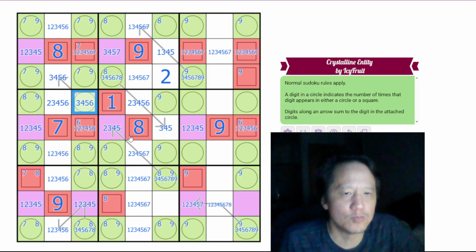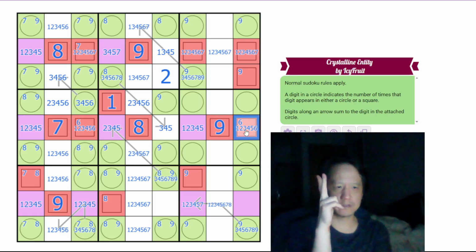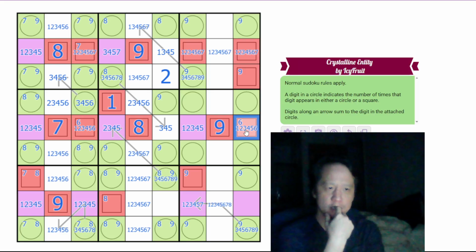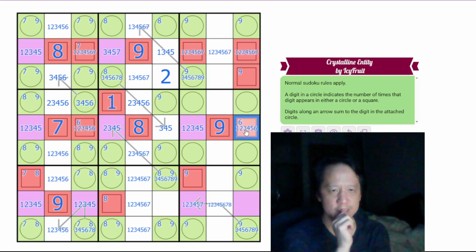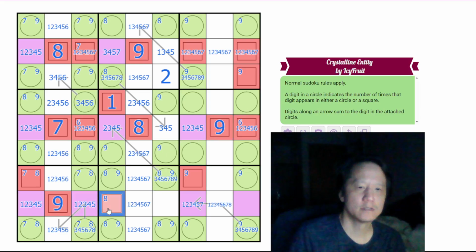Where is 1? So we need 3 1s total in squares. We don't know where that is. It cannot be here, obviously.